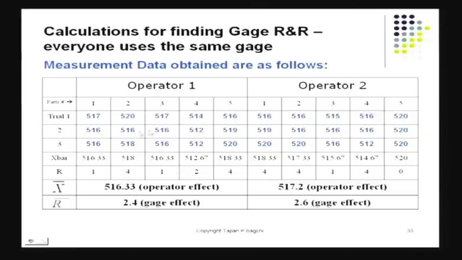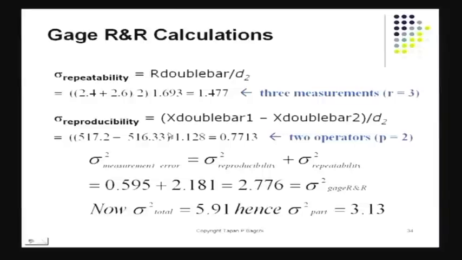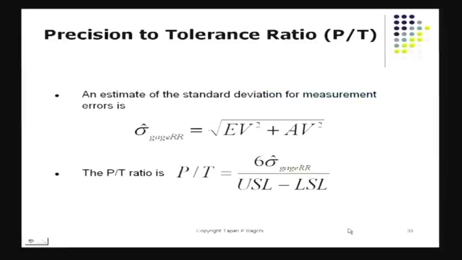When these three contributors of variance are added up, we end up with the sigma total that turns out to be this. Now, if I subtract the gauge variance from this quantity, we'll end up with the part to part variation. This is what I'm really after, which I've captured like this.